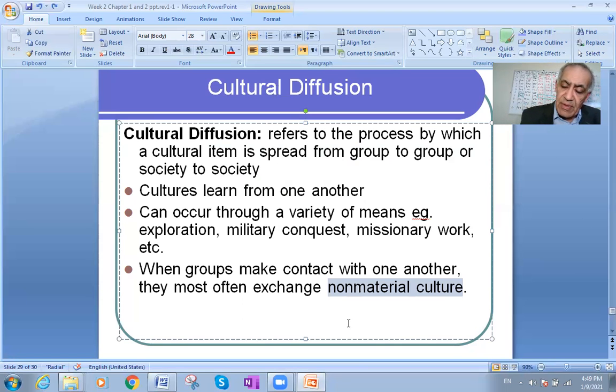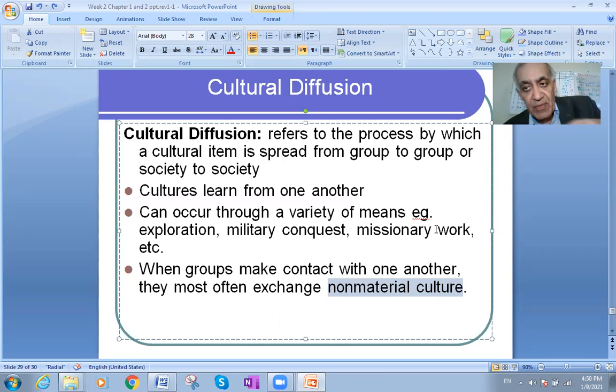It comes by the mixture, the contact of people all together in one place, especially when there is diversity. So what I want to say is that diversity is what will create the diffusion of culture from one society to another.